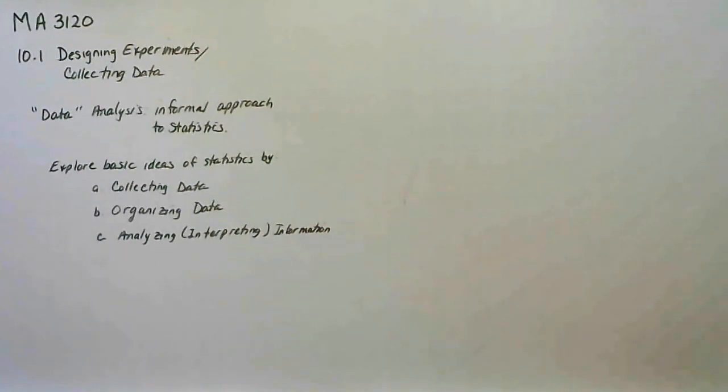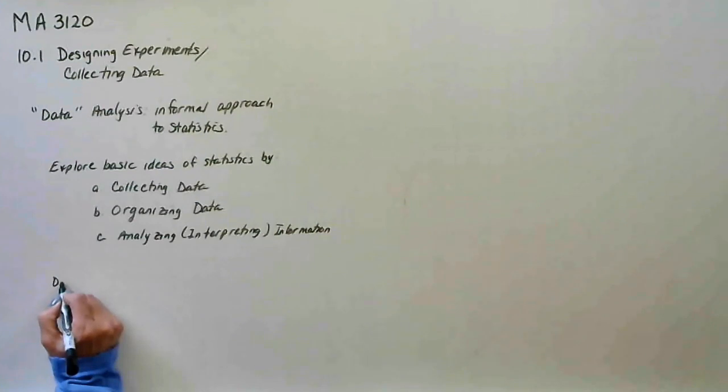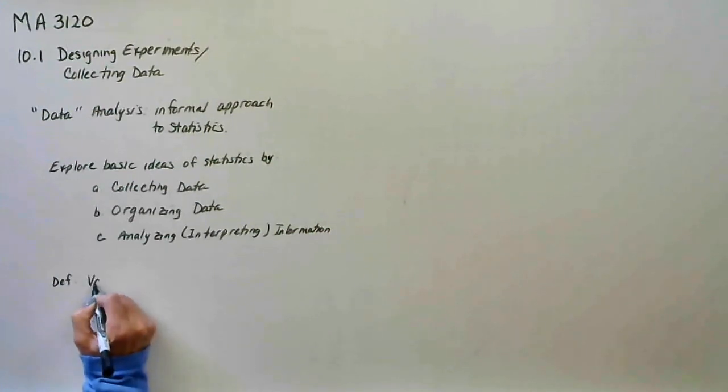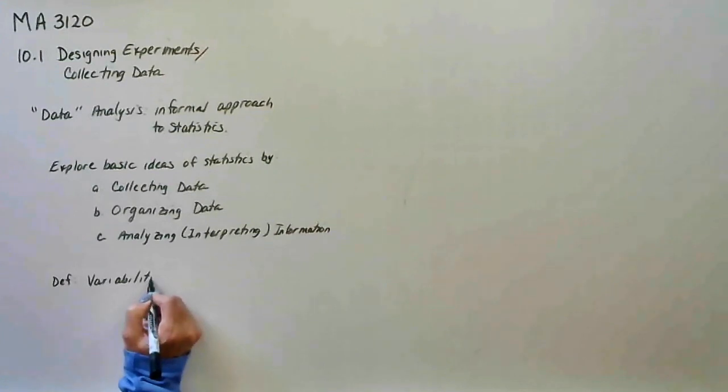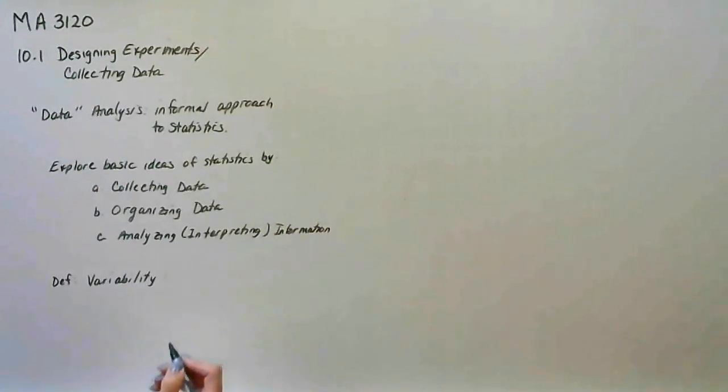So first of all, we want to take a look at different kinds of variability. So the definition of variability, and the root word kind of tells you it's going to vary, it's going to change.